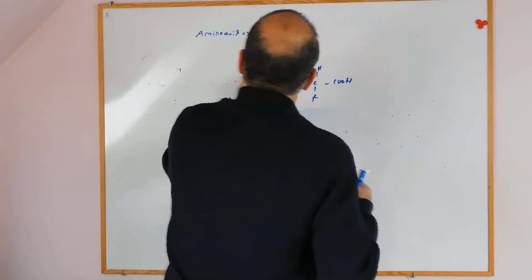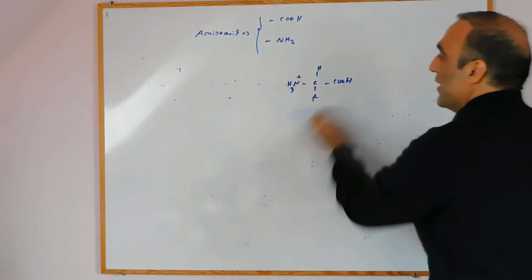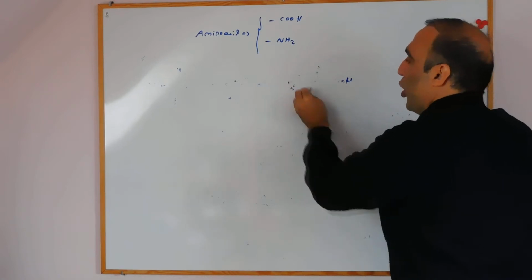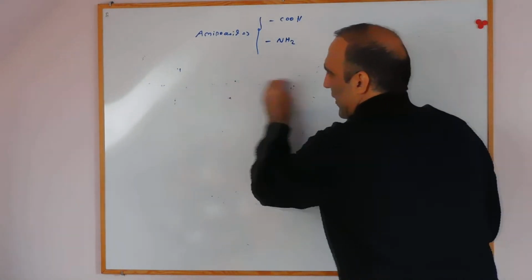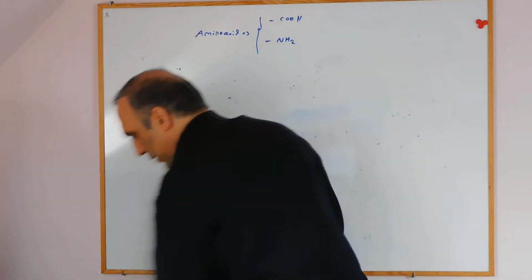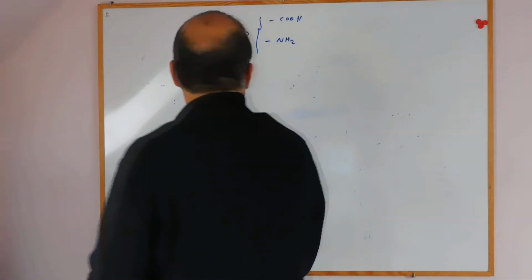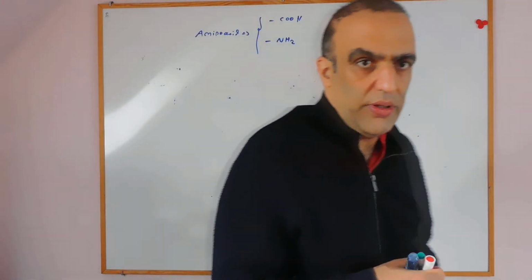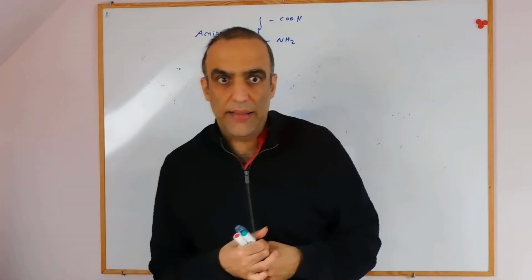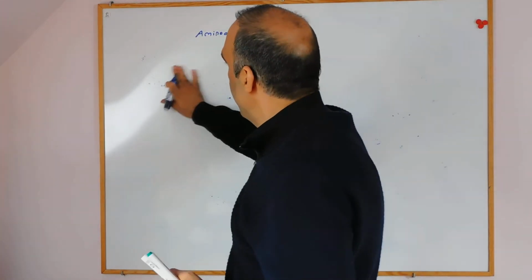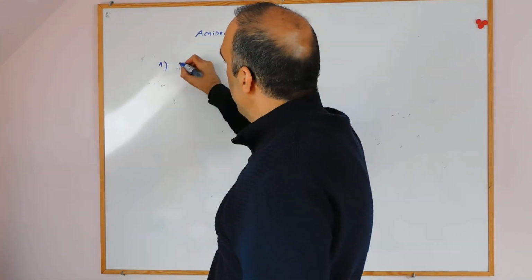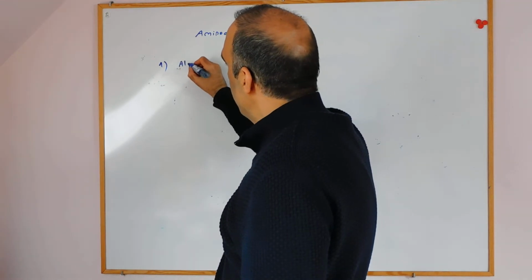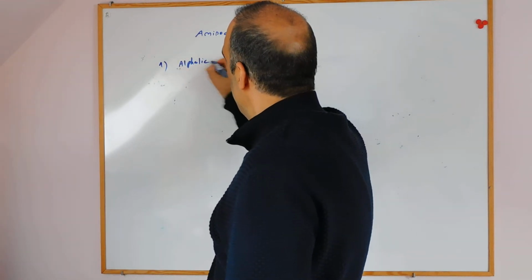The first group is the aliphatic nonpolar amino acids. For example, I write here aliphatic nonpolar.